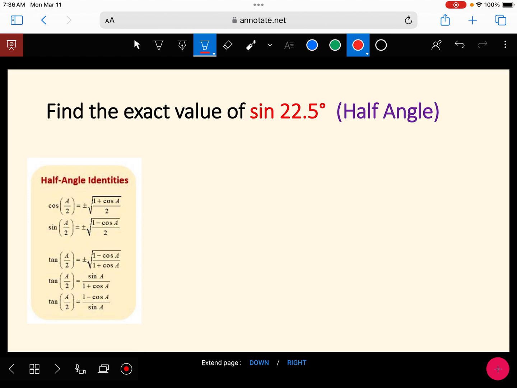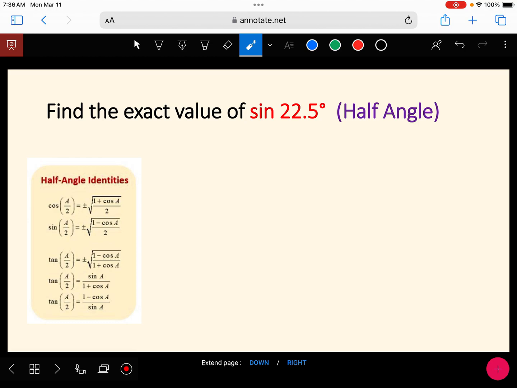So keep in mind that in this case, tangent gives us 3 options. Sine and cosine, we only have 1. Tangent, we have 3. So what you're essentially asking yourself, if you're trying to figure out what the sine of 22.5 is, what angle on our unit circle is, if we take this number and multiply it by 2, what do we get? 45.